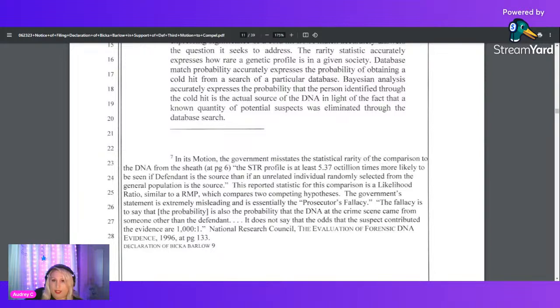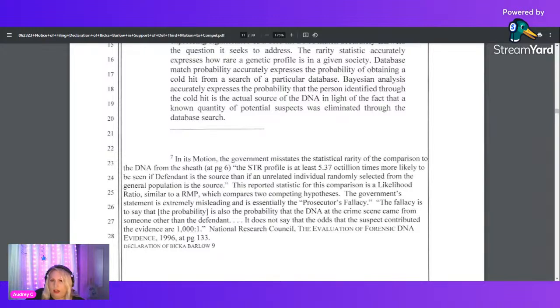It does not say that the odds that the suspect contributed the evidence are 1,000 to 1. So, like we said, she's right. This statistic does not say the odds that the suspect contributed the evidence.